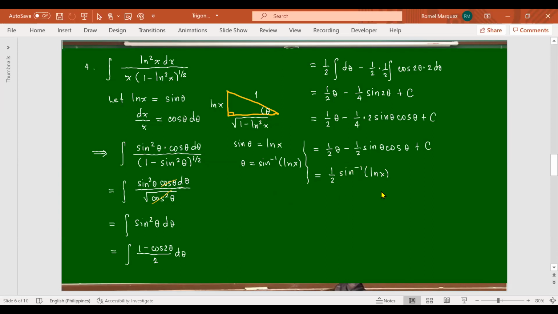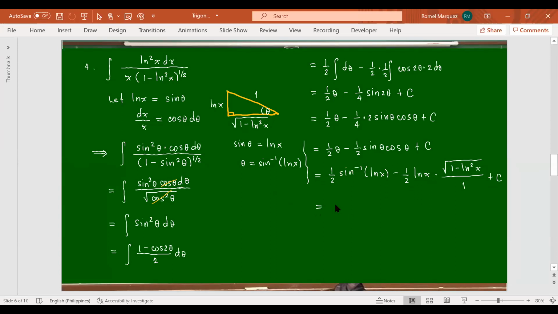You have 5 other options for this, no? So minus 1/2 sine theta is ln x. Cosine theta, how do we define cosine theta? Adjacent over hypotenuse.